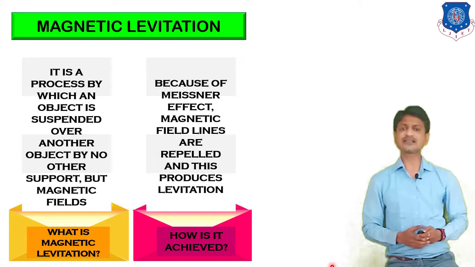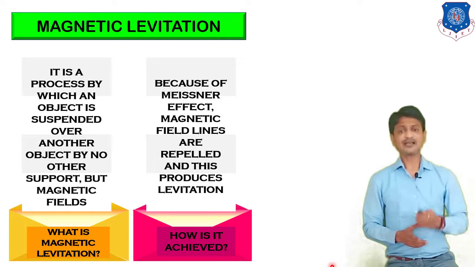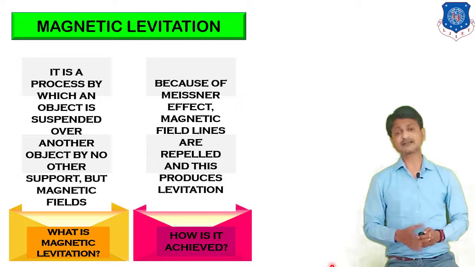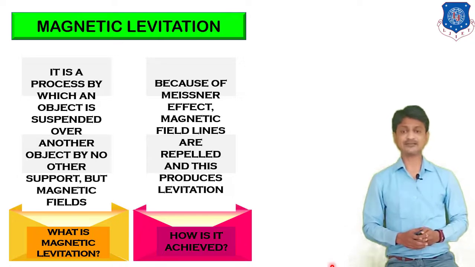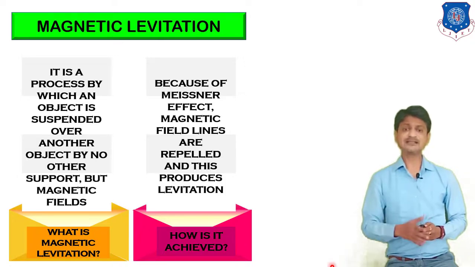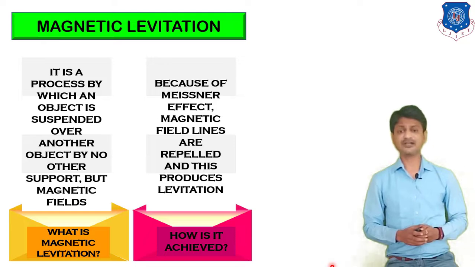We have discussed in Meissner effect that at a particular temperature, or we can say at critical temperature, superconductors behave as diamagnetic. So it repels the external magnetic field and doesn't allow that external magnetic field to penetrate through it.